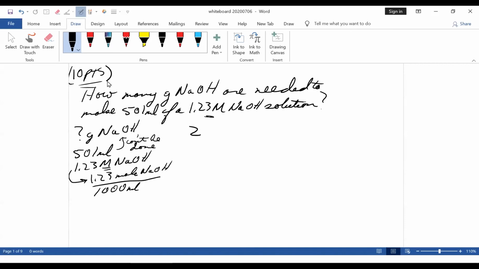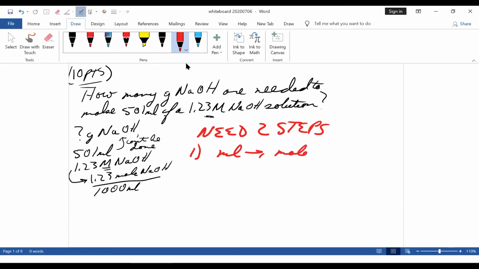So you need 2 steps. And the 2 steps are, step 1, you have milliliters and you go to moles. Step 2, moles to grams. So you have to do 2 steps. Let's do the first step.